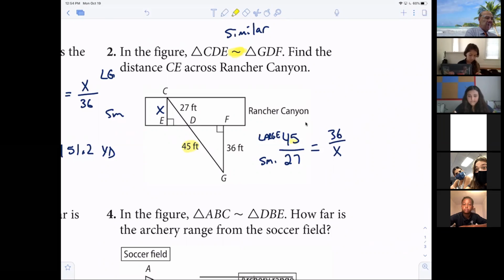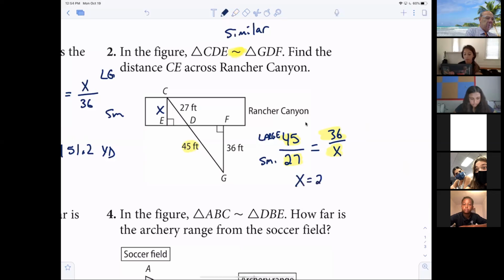45 is the large triangle, 36 is the large triangle. 27 is the small triangle, X is the small triangle. So now we need 27 times 36. You get 972. Then you divide it by 45, and you get 21.6.